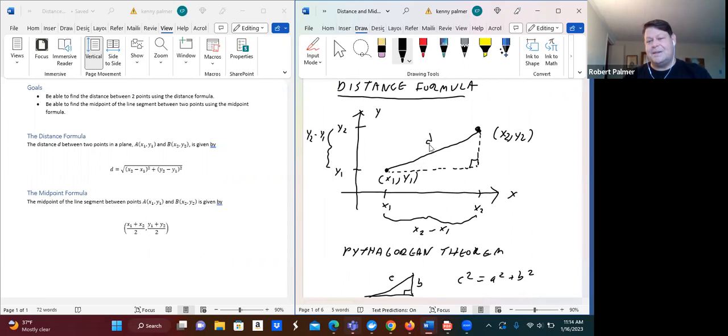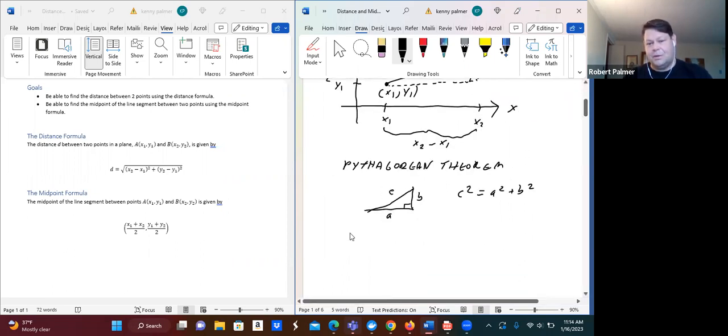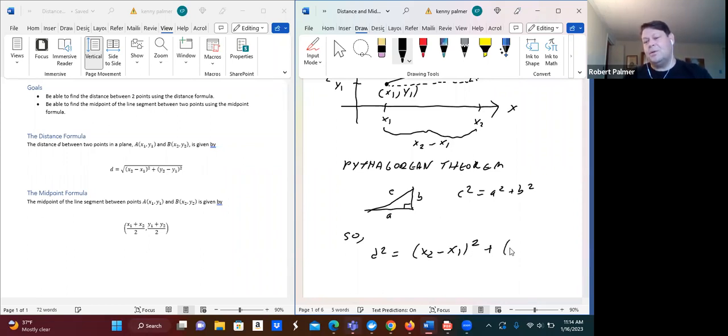Let's call this d. So d squared, the hypotenuse squared, is equal to x2 minus x1 squared plus y2 minus y1 squared. And then, of course, we simply take the square root of that.